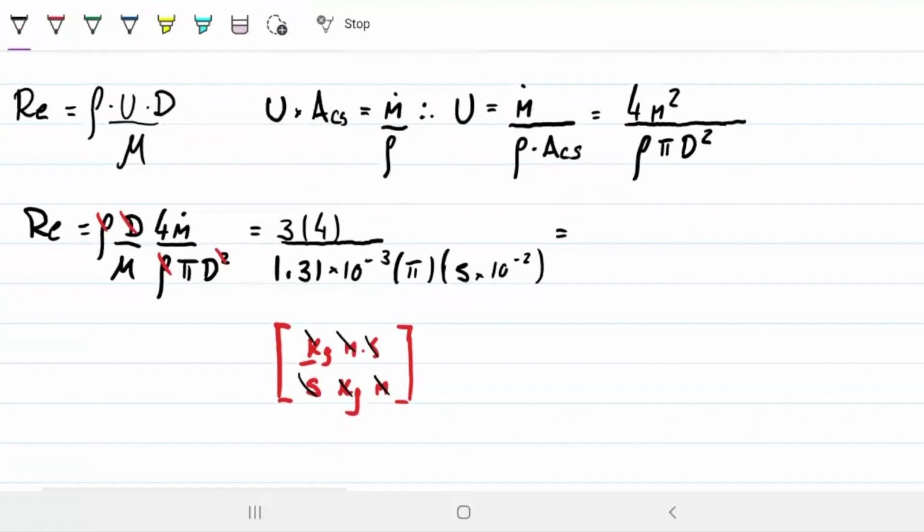Okay, so that means my Reynolds is 5.8 times 10 to the 4, 316. Which is turbulent or laminar?